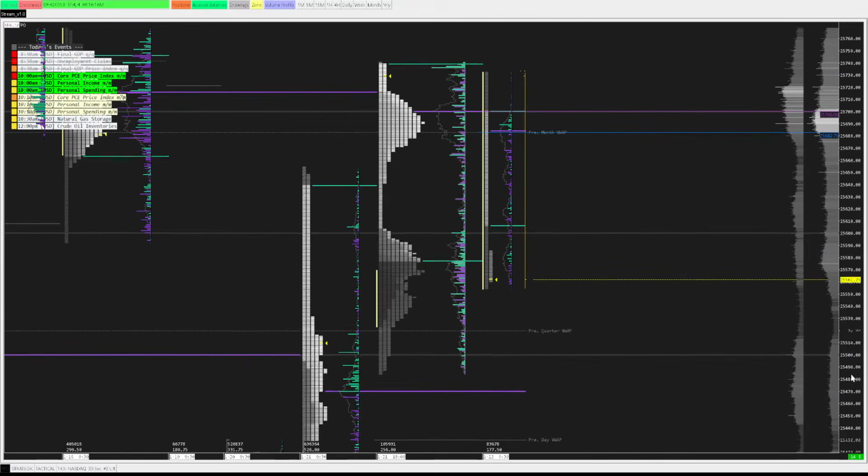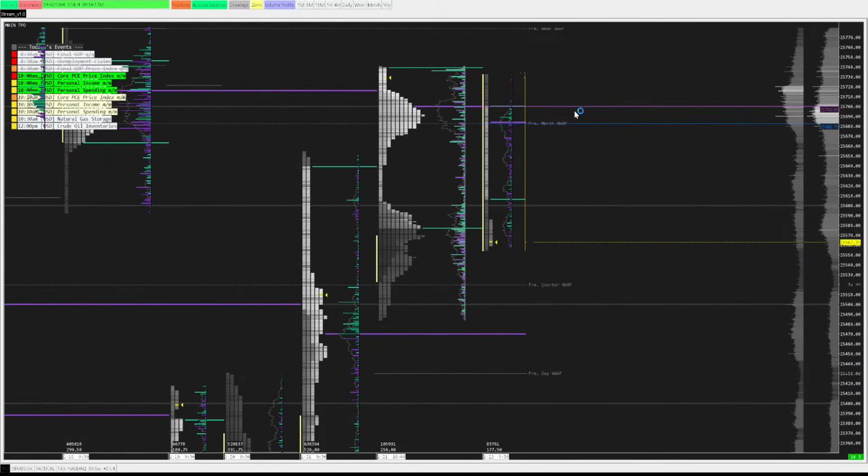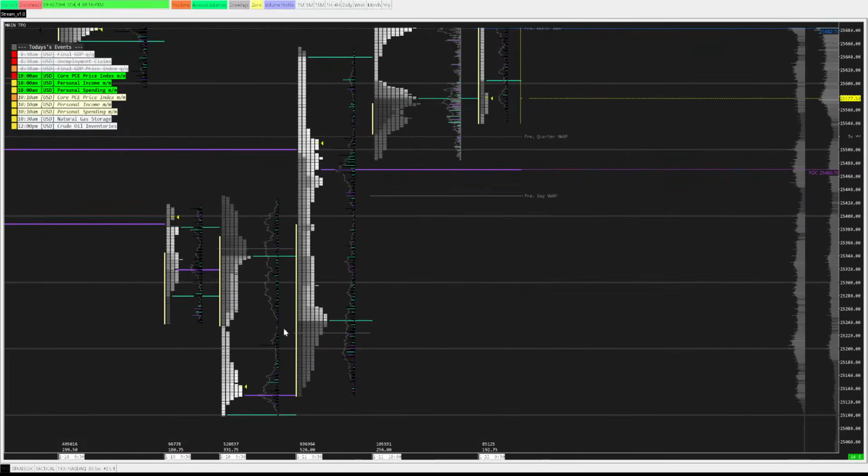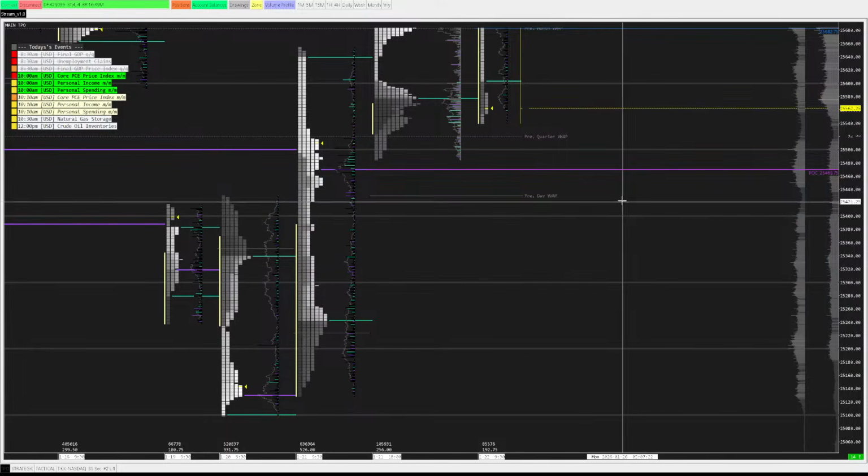Okay, there's our news. I'm going to kind of let this news come and go. So I've got a POC up there. This is an RTH POC, so this one definitely carries a little more weight to it.